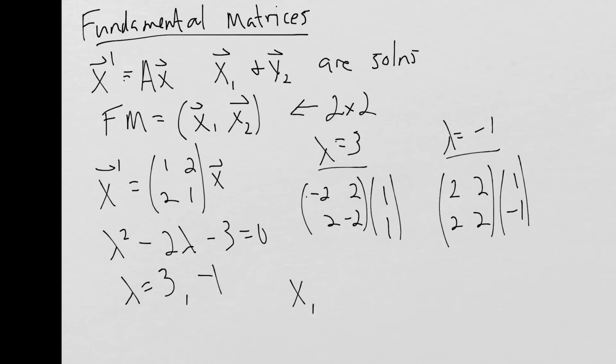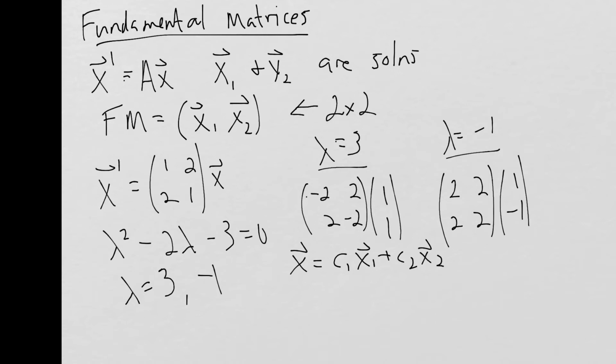So, usually we write x equals and then c1 and c2 and stuff like that. Another way to talk about that would be to say x equals c1 x1 plus c2 x2.